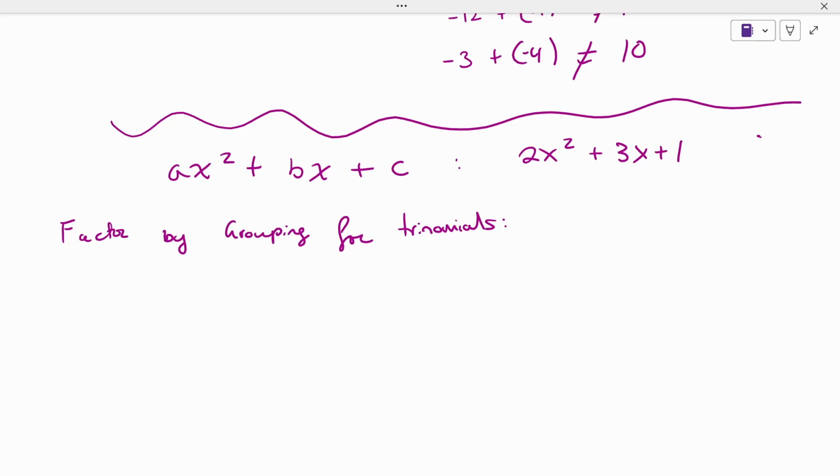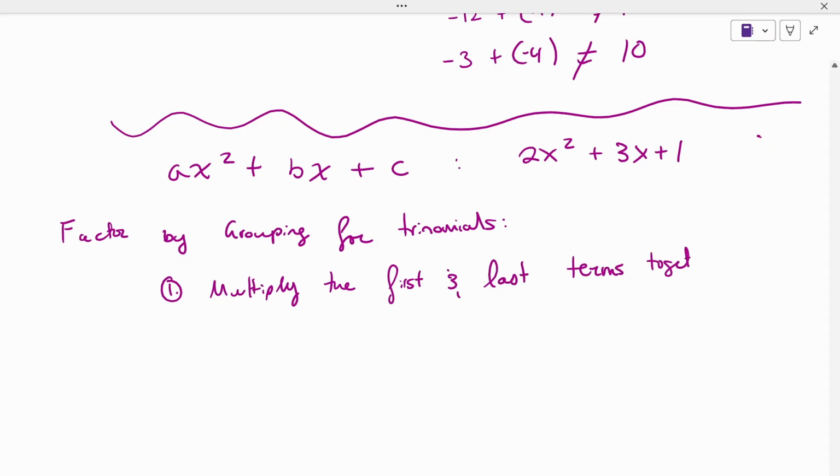But nevertheless, how the factor by grouping technique works is that it's rather similar to the guess and check method. You're going to, first of all, multiply the first and last terms together.